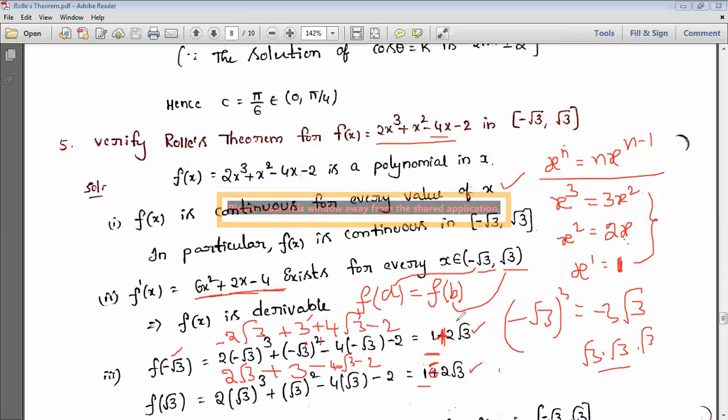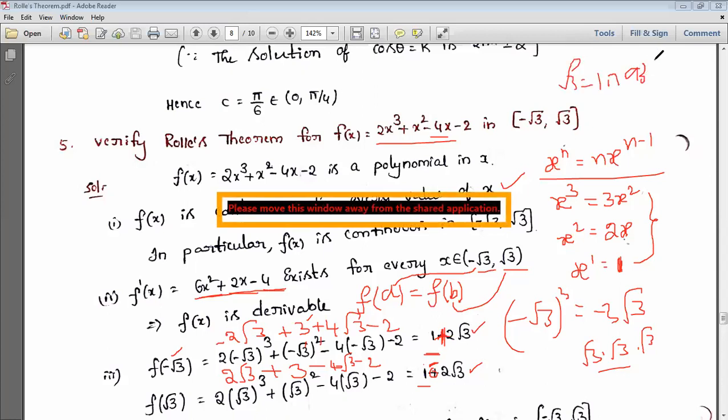See here, are they equal? 1 plus 2 root 3 here and 1 minus 2 root 3. So what is the value? You can put it in a calculator and get the value. Okay, so slight difference. The root 3 value we know is 1.7934.